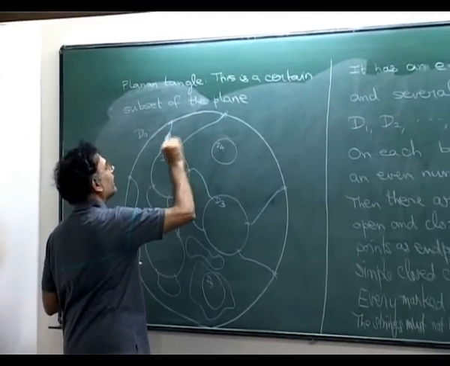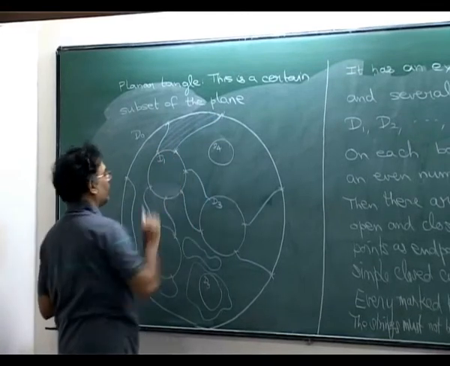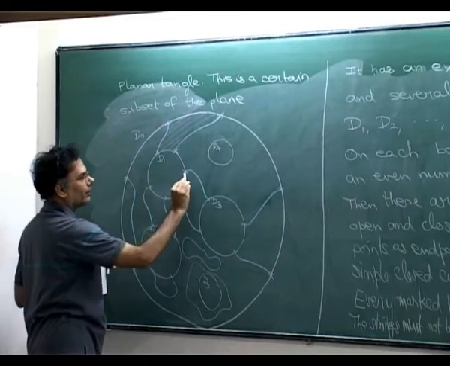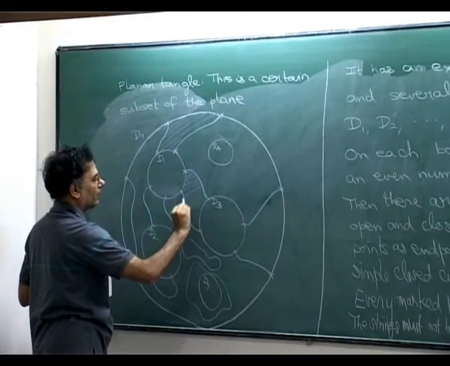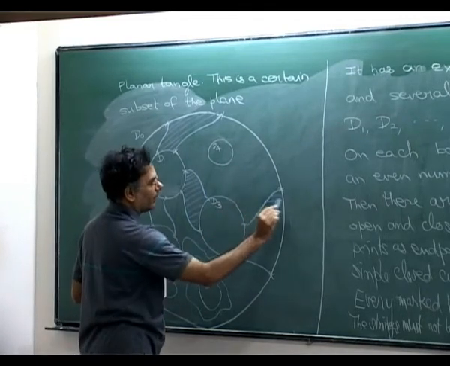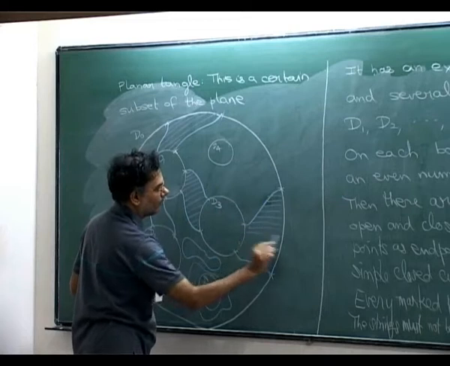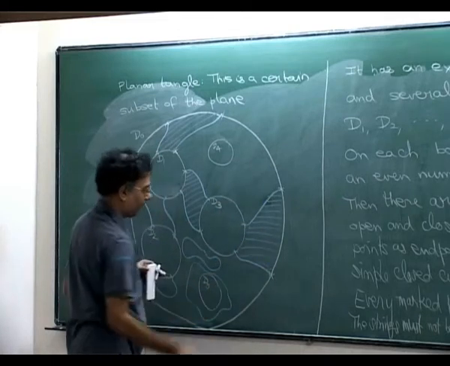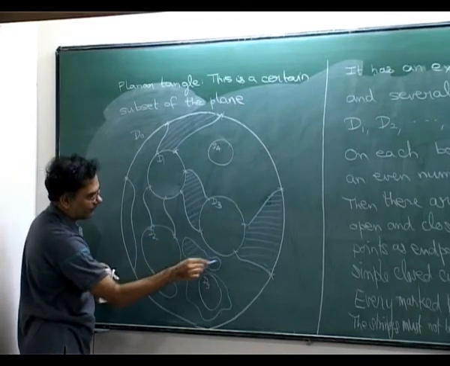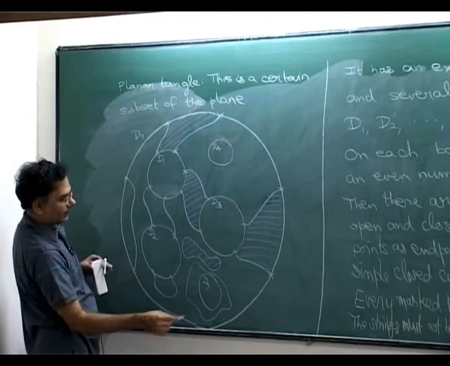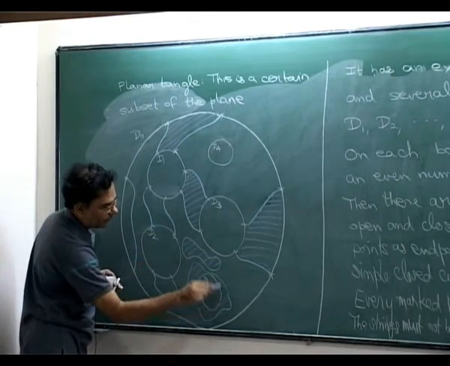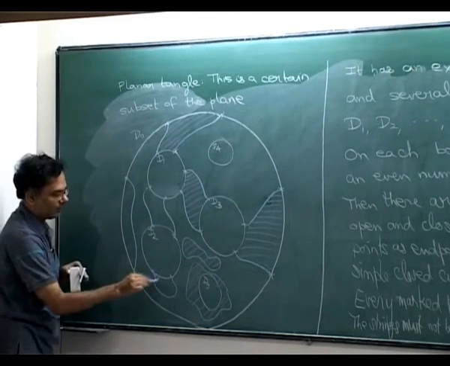This region I'll color this way. Think of this as black, white. So black, this must be white, so this is black. And this is white, so this must be black. And this region is white, so this region must be black. And this is white, so this region is black. And this region is black.